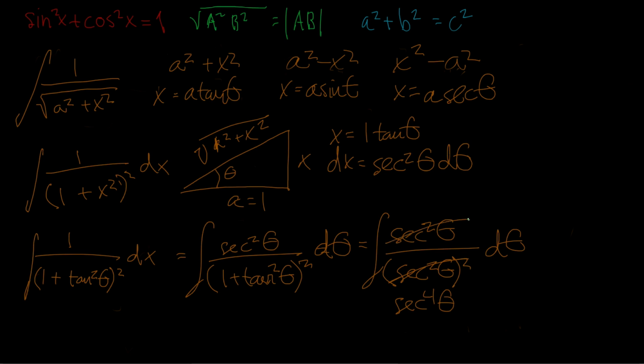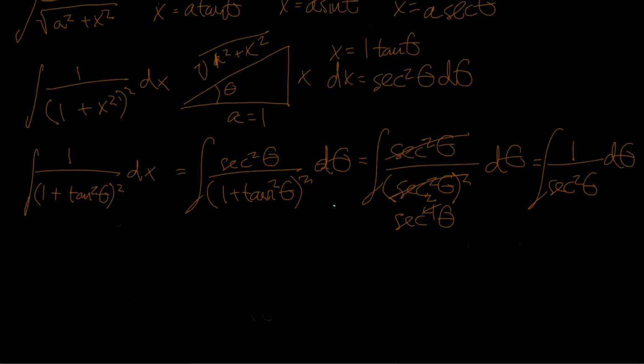And 2 of those secants cancel with 2 of those secants to give us the integral of 1 over secant squared theta d theta. But that 1 over secant squared theta is just equal to cosine squared theta d theta. And so now we're left with this simple integral of cosine squared theta.